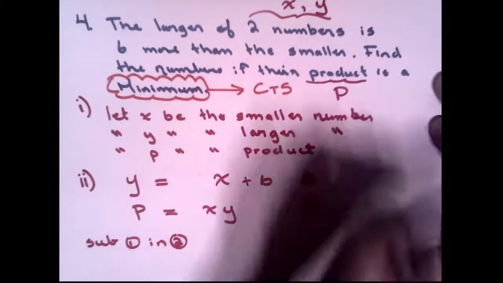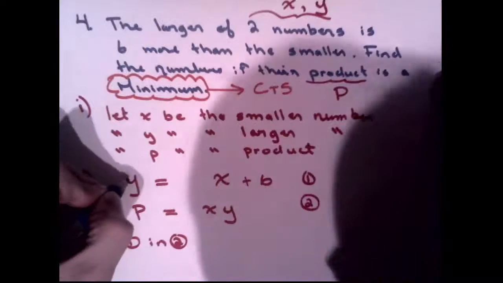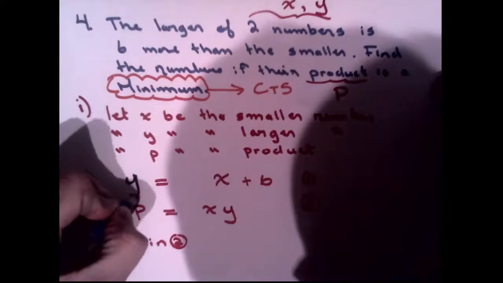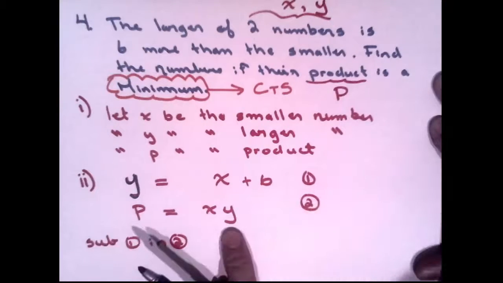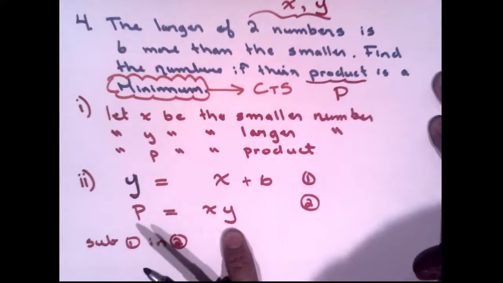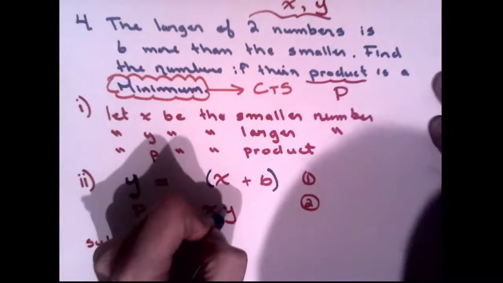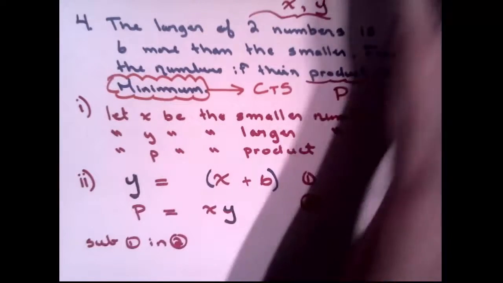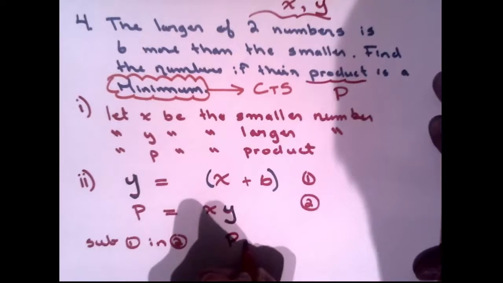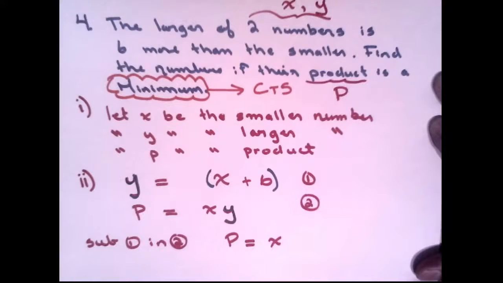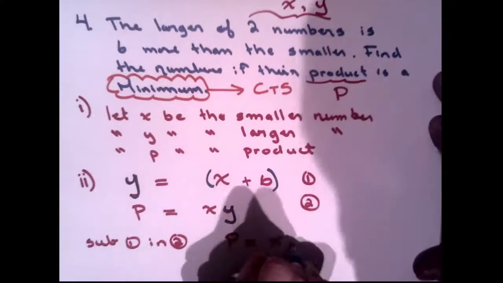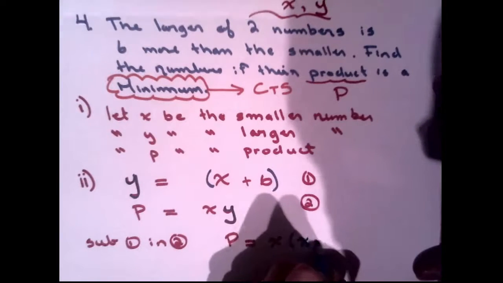Anywhere you see y in equation 2 here, you'll replace it with x plus 6. So there's the y, and now I need to replace. So let's do that, all right? So p equals x, and now instead of writing the y, I substitute x plus 6.